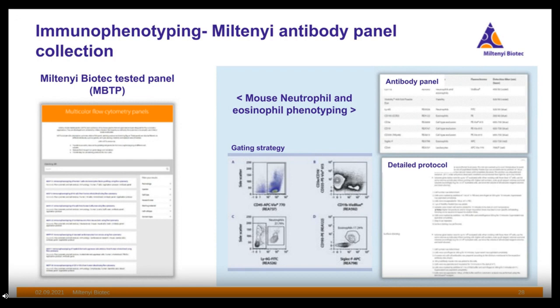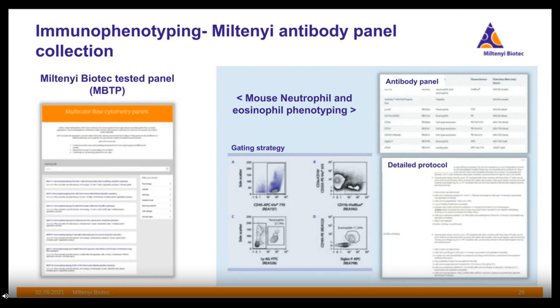So the top right box shows you this antibody panel, which includes what marker was used, which clone was behind this marker, as well as the fluorochrome combination, and what was the purpose to use this marker.